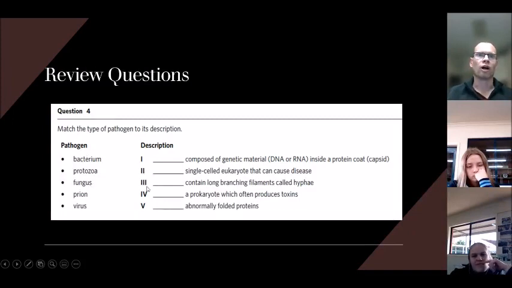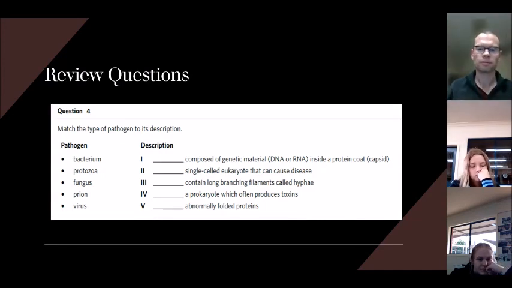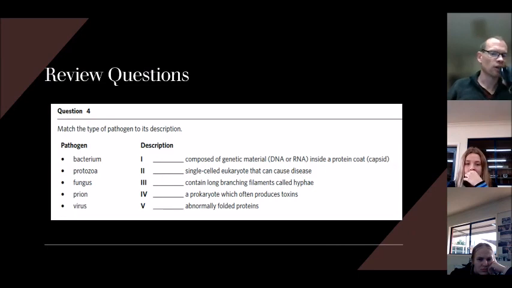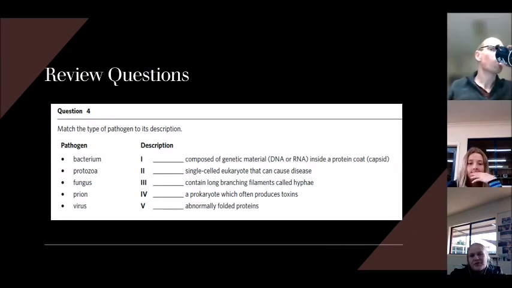Bacterium, which one would you say is the best description of bacterium? 1, 2, 3, 4, or 5? I know we didn't spend a lot of time on this. 2. Are they eukaryotic or prokaryotic? Prokaryotic. So 4. Yeah, 4 is the best description for that.